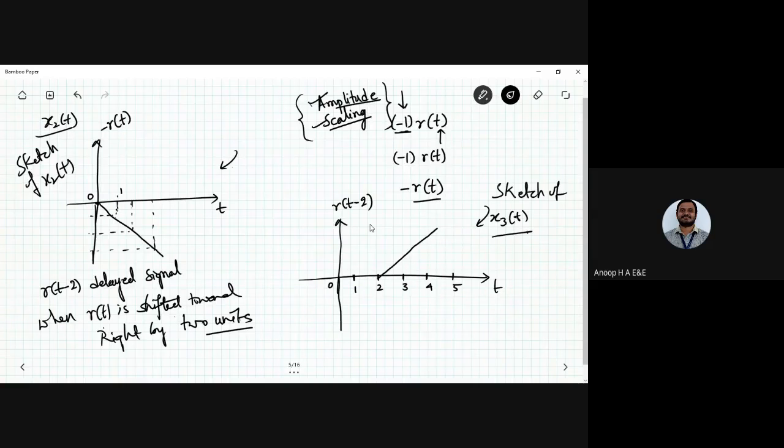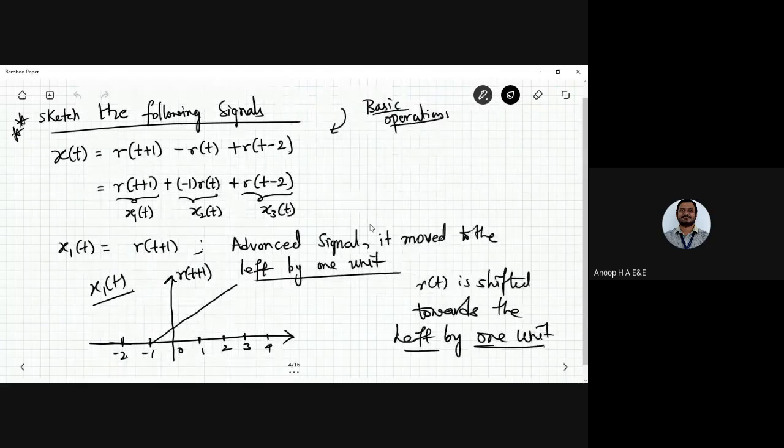Now carefully, this is minus 1. Let me write it for your convenience. So this is 1, 2 and 3. Carefully, this is the ramp signal that I'm going to draw here. If you observe r of t plus 1, I'm giving you a hint, at minus 1 it is 0.